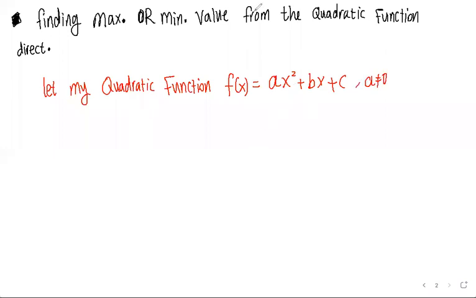So I have the maximum or minimum value at the point x equal minus b over 2a.